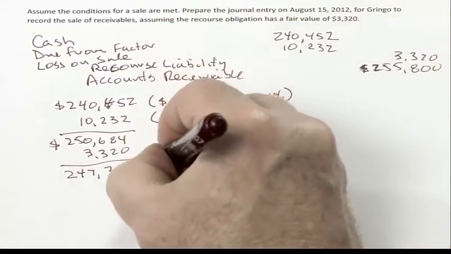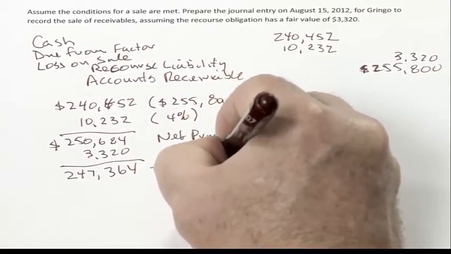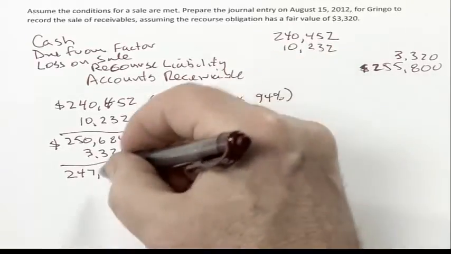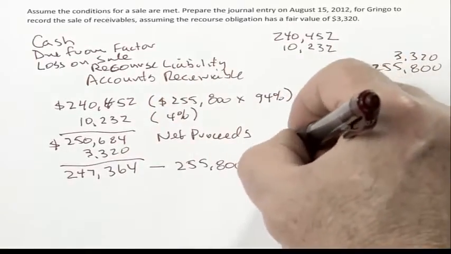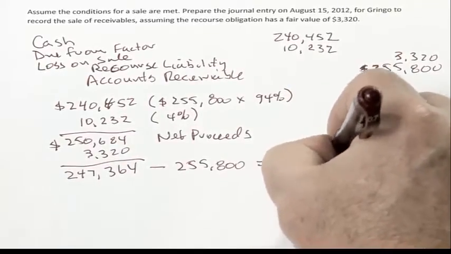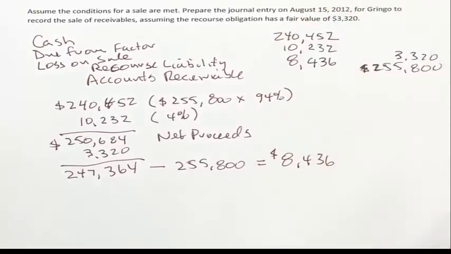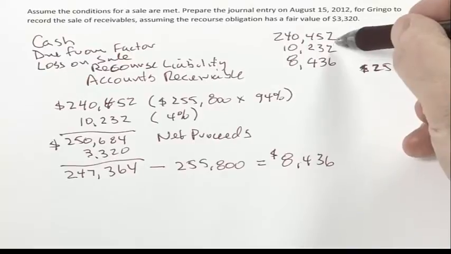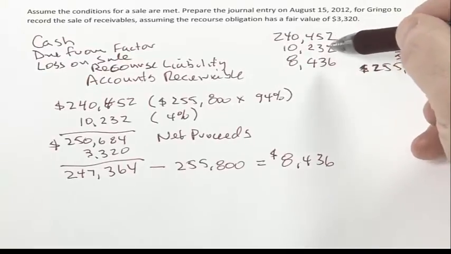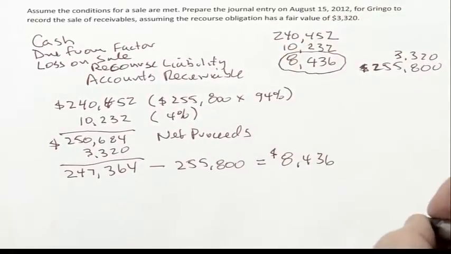And so now all we need to do is determine the loss, and that's 255,800 deducted from this 247,364, the loss is 8,436. And now our journal entry balances. So Gringo has transferred the accounts receivable, recorded a liability for the recourse obligation, and recorded these two assets. It received cash and due from factor. The difference is the loss of 8,436 on the transfer of those receivables.